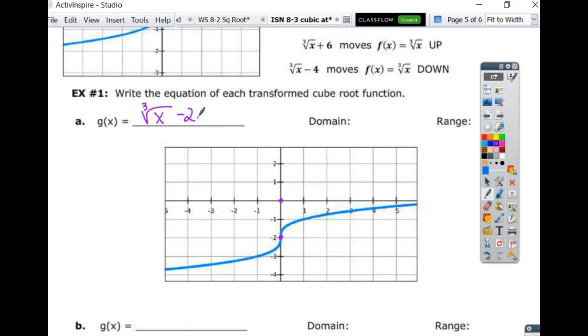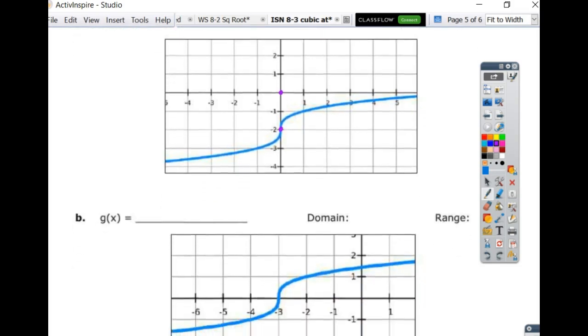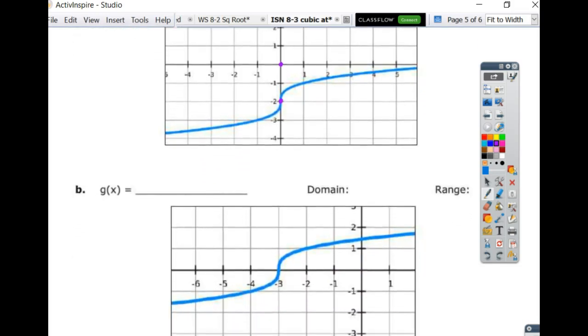Because this one is laying down, so this is the cube root, not the cubic. So here's the 0 point. Which way did this move? 3 to the left. So cube root of (x + 3).